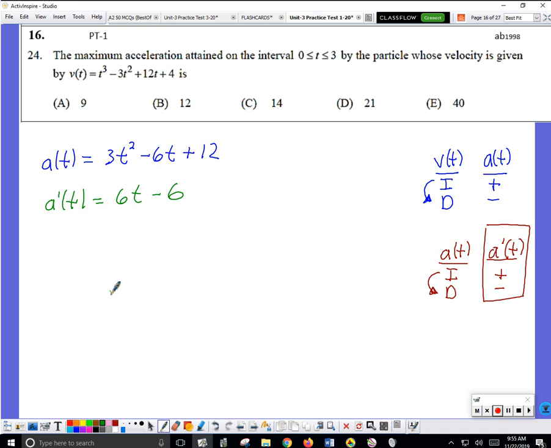There we go. There's my sign chart of A prime.